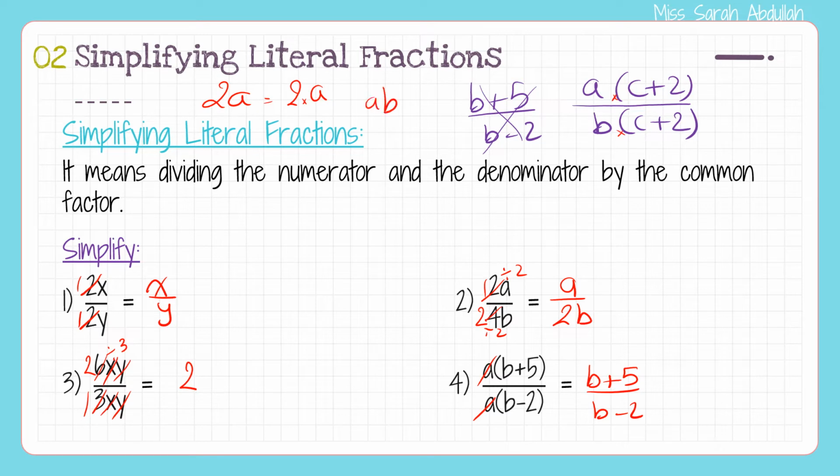For example, ab is actually a times b, all right? Now, in this case, c plus 2 and c plus 2 cancel each other, and the answer is a over b. Why did I simplify these? Because they are all included in parentheses and it's the same. I have identical parentheses in the numerator and in the denominator, and this parenthesis is multiplied by all the other numbers or letters in the numerator and the denominator, okay?